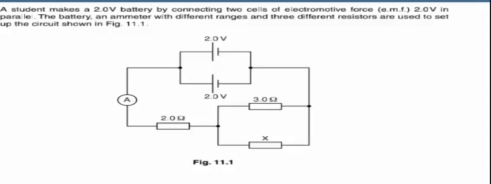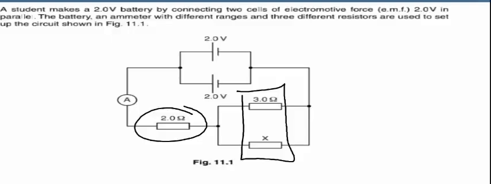A battery, an ammeter with different ranges, and 3 different resistors are used to set up the circuit shown in figure 11.1. So we have 3 resistors, 2 resistors connected in parallel, which are these 2, and 1 connected in series, and also 2 batteries connected in parallel. That is one thing that you need to know here.